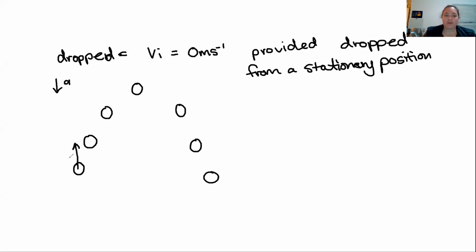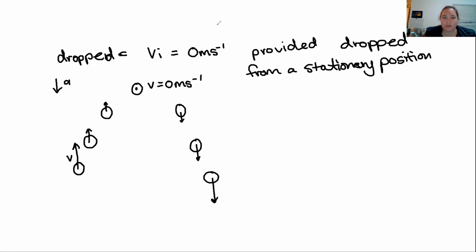Initially, it will have a very fast velocity upwards, which gets smaller and smaller. At the highest point in its motion, the velocity is 0 meters per second. It will then move downwards, going faster and faster and faster.